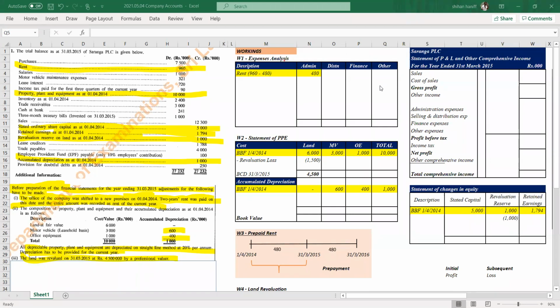Revaluation loss. It comes here. Revaluation loss 500. Right? Here also land revaluation.